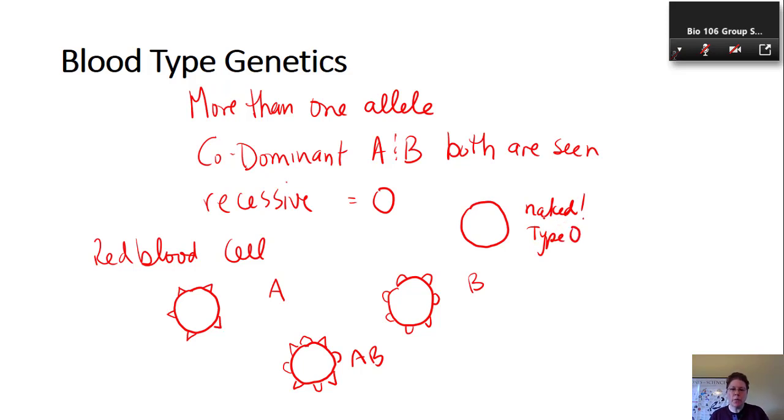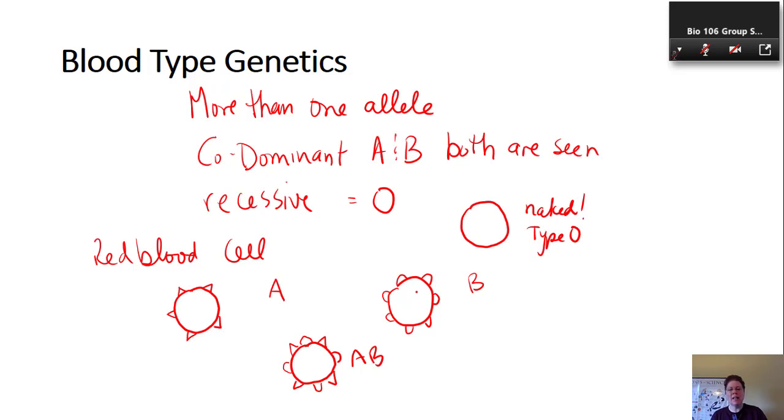This is really, really important when we're thinking about donating blood or accepting blood, if you're in the position where you need to accept blood. Because if you have type A blood and they give you B, your cells are going to recognize that blood as foreign, as something that's not supposed to be in there. We can use that sort of phraseology when we're talking about blood cells.